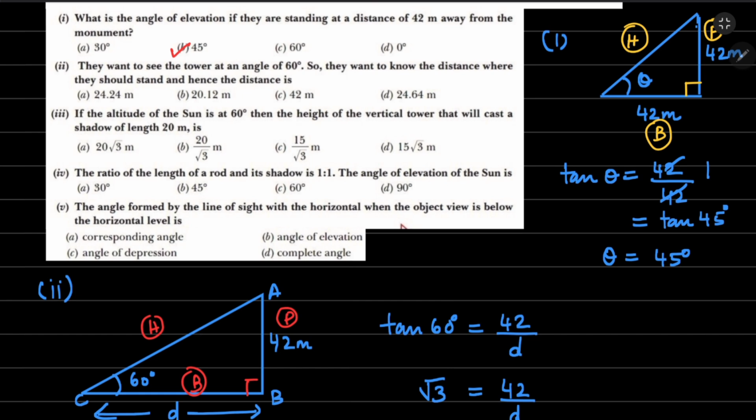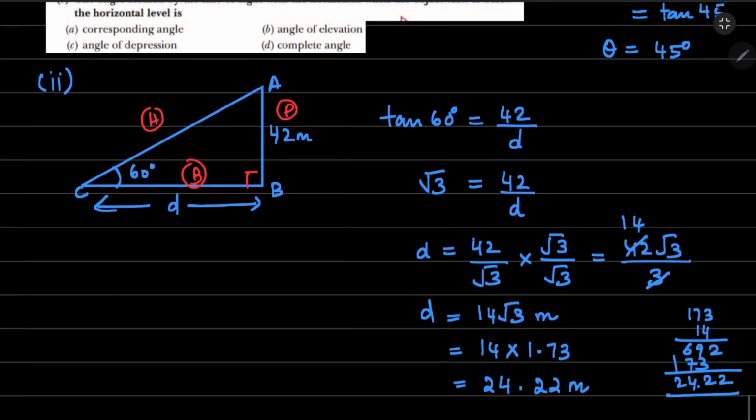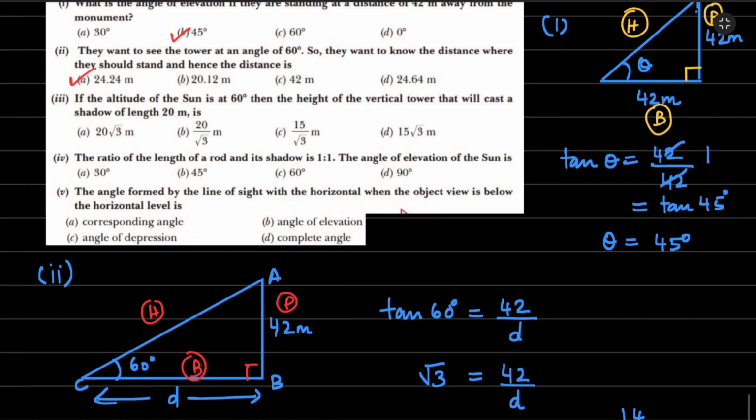So let's see whether you have 24.22. So approximately A is the correct answer. Because we are not taking the third decimal place, right? So when you're rounding it off, probably it is rounded off to 24.22.